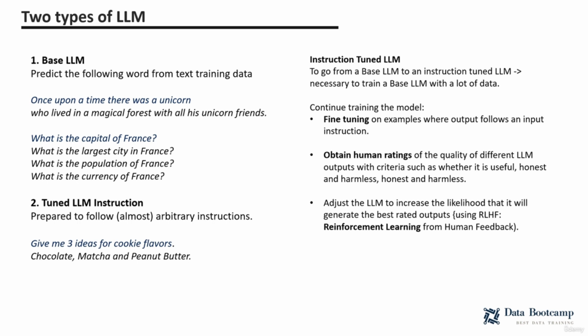Next, we adjust the large language model to increase the probability of generating higher rated results. This is done through reinforcement learning from human feedback. This process was precisely followed to develop the ChatGPT model.